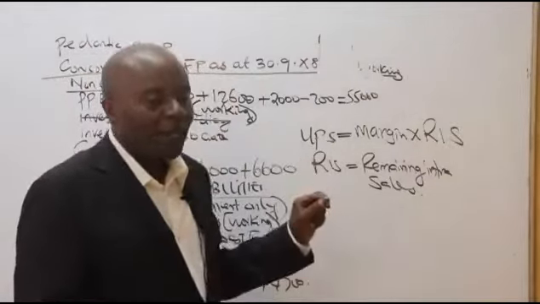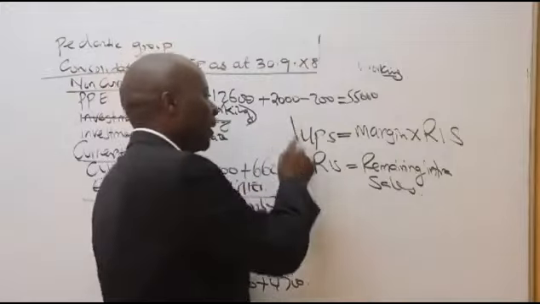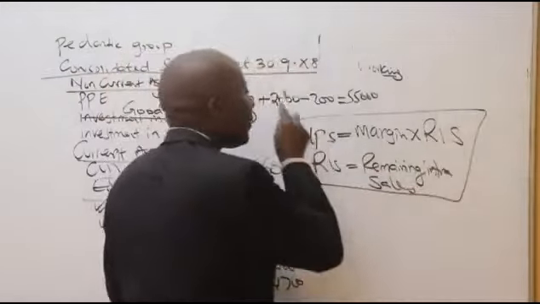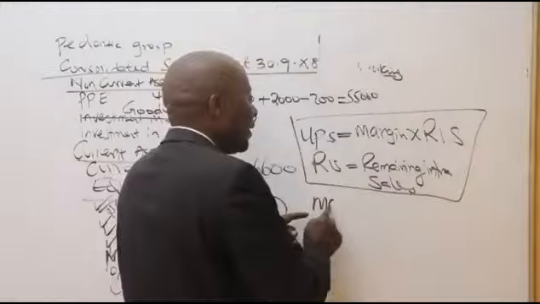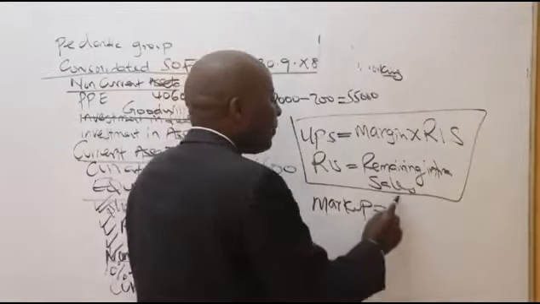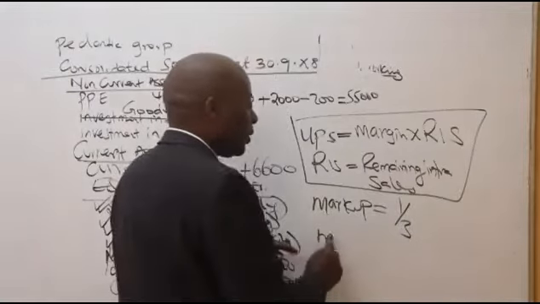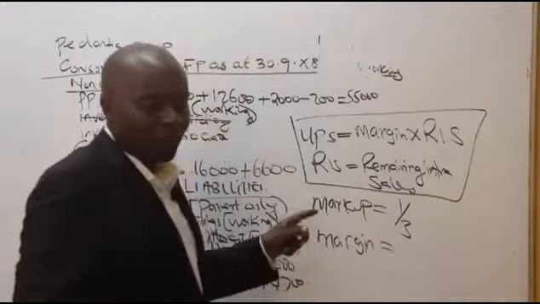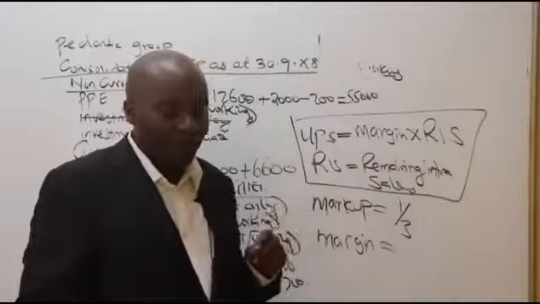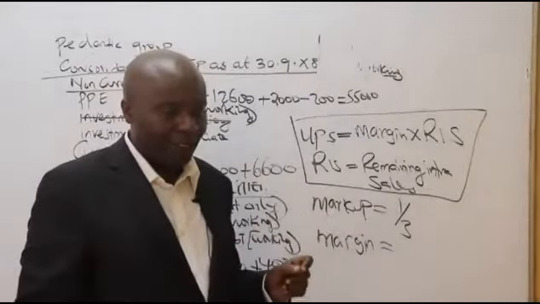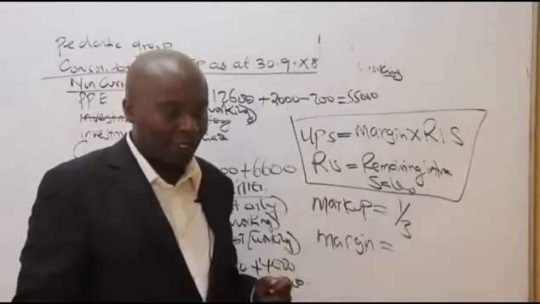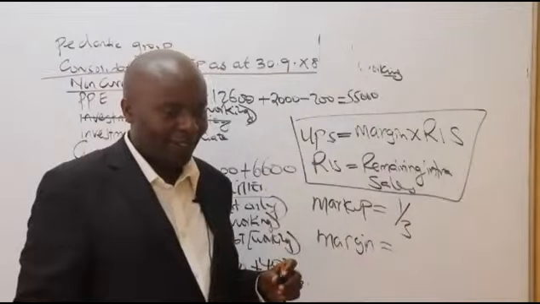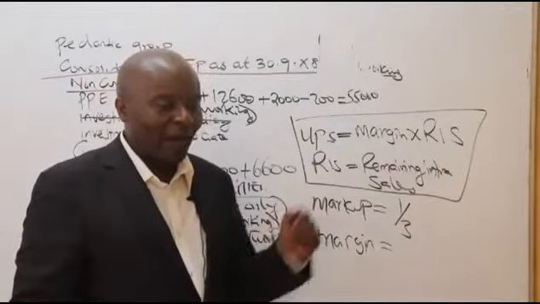Now, ladies and gentlemen, the examiner can be tricky. Instead of giving me the profit margin, he gives me the markup. If the markup is a third, what will be the margin from your management accounting information? If markup is a third, the profit margin will be a quarter.